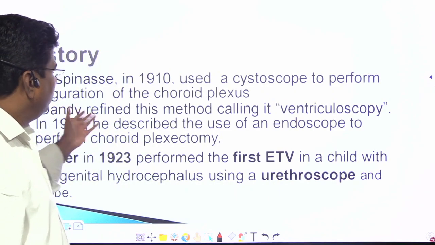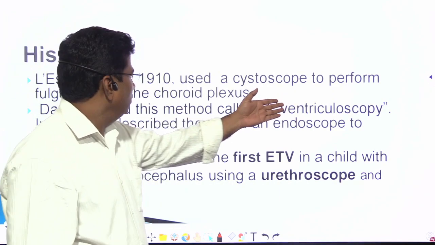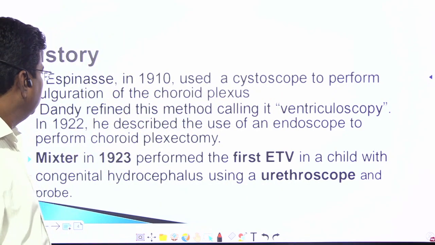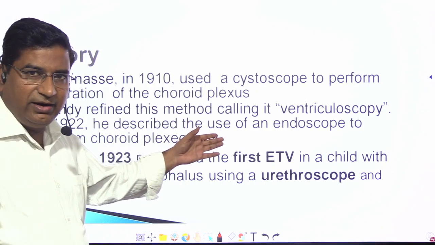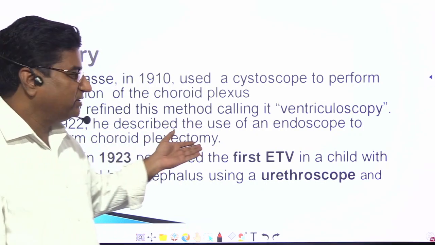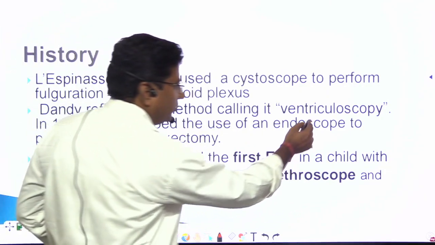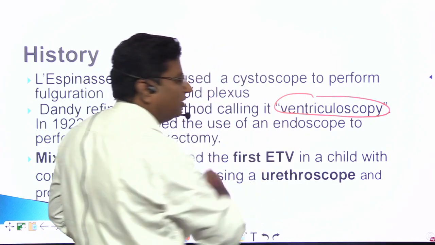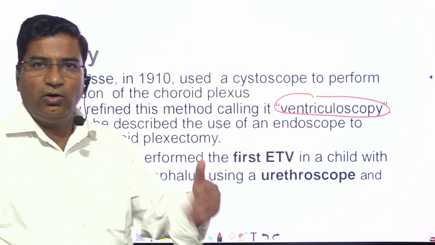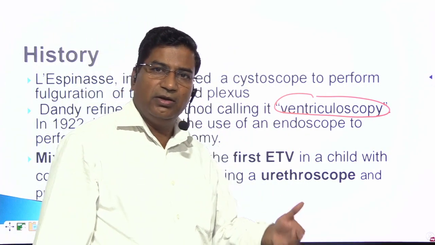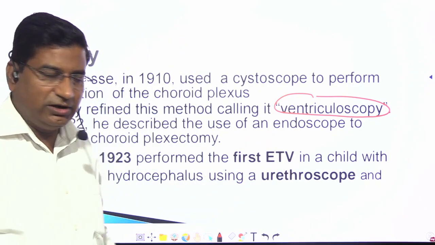History. Firstly, using a cystoscope, Espinasse fulgurated the choroid plexus in 1910. Then Dandy described the endoscope used for ventriculoscopy, scopy meaning observing the intraventricular structures.